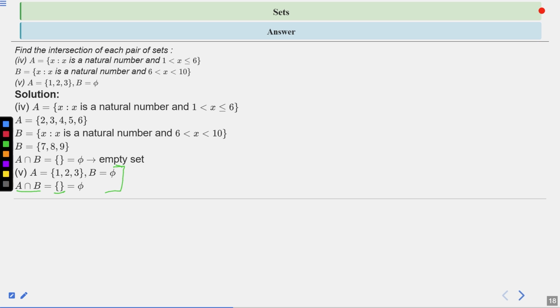If A is a subset of B, then A intersection B will be your subset. Clear? In union, the answer would be superset, but here in intersection, the answer is subset. Clear?